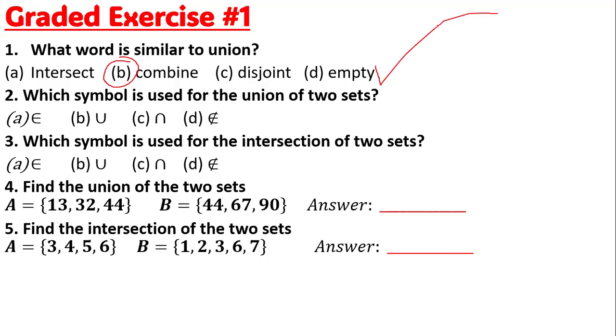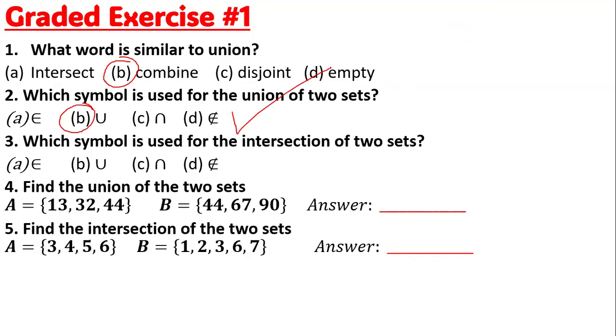Which symbol is used for the union of 2 sets? Answer B. B again? The union is definitely B. Very good. B is correct. Anyone want to do number 3?